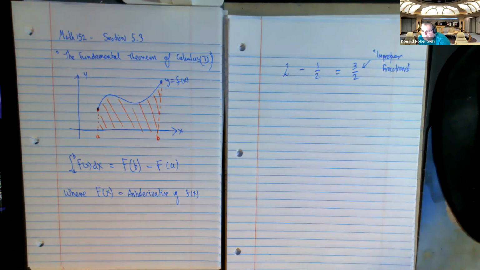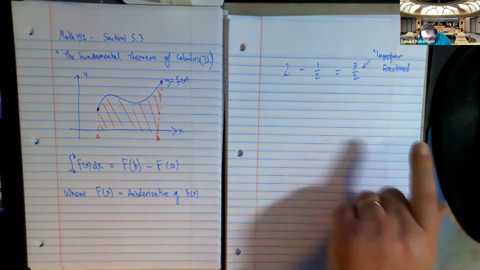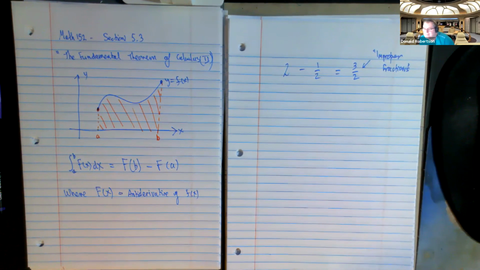I like names of things that give you an idea of what it is. To me, improper fraction is an ugly label or name, because in a way it sounds like that's the wrong way to write it, right? It's improper, but that's the way I want you to write it. Actually, if anything, I would call that a proper fraction if I had to give it a name.